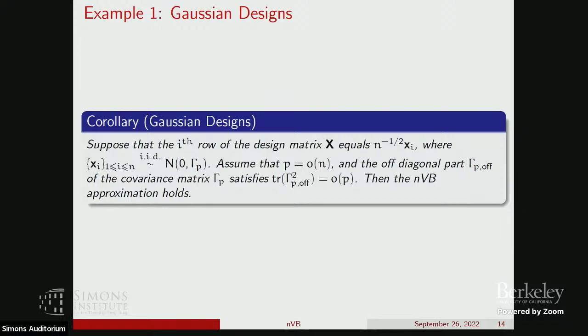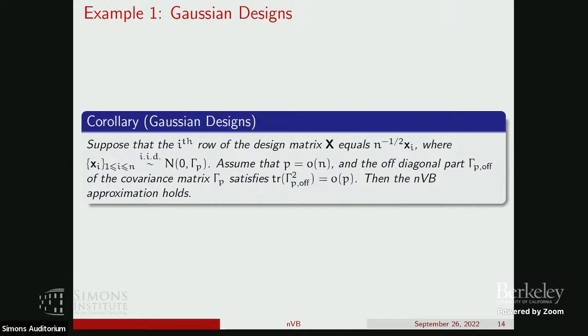In particular, if you look at the case of random designs, where every row is IID from a mean zero Gaussian distribution with some covariance matrix Gamma of P, the condition trace of A squared little o of P translates into a condition on the population covariance matrix such that you have accuracy of naive mean field. This tells you that if you have an IID Gaussian design, for example, then naive mean field is accurate to leading order only if P is little o of n.